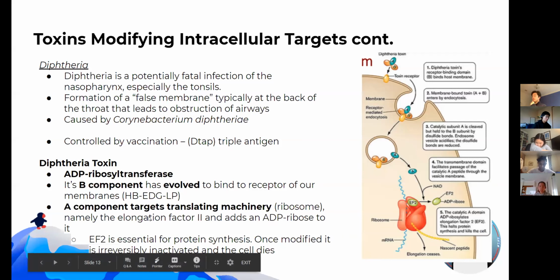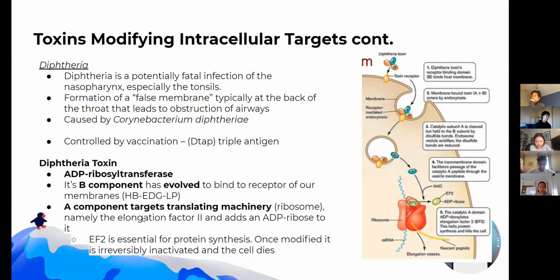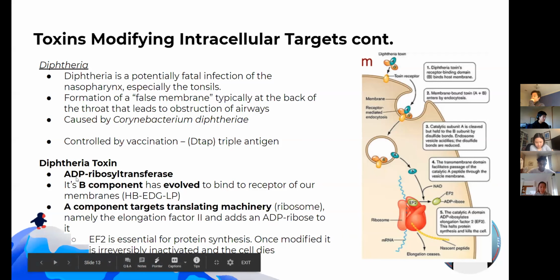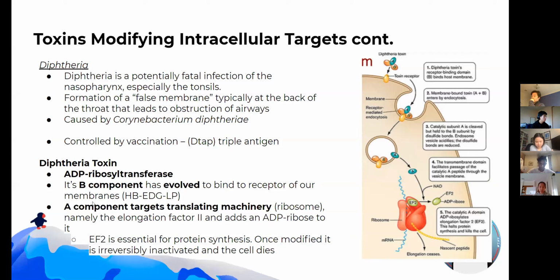And what it essentially does is it can target our ribosomes, namely the elongation factor 2 of our ribosome. Given its name, it's an ADP ribosyl transferase, it'll add an ADP ribose to our elongation factor 2. And essentially when it does that, once our elongation factor 2 is modified, it's inactivated, and if our cell can't produce any proteins, then our cell essentially dies.